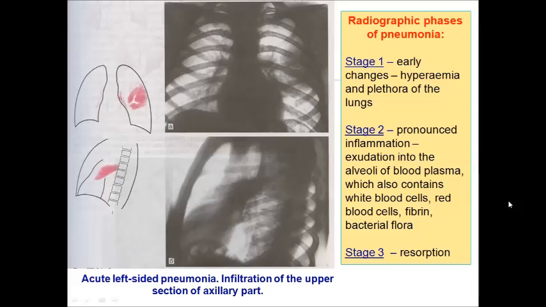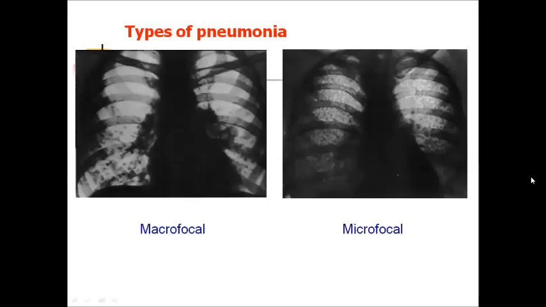The second and third stage is resorption of previous changes. For example, look at left-sided pneumonia, infiltration of the upper section of the axillary part in the left lung, in posterior, anterior, and lateral projection.